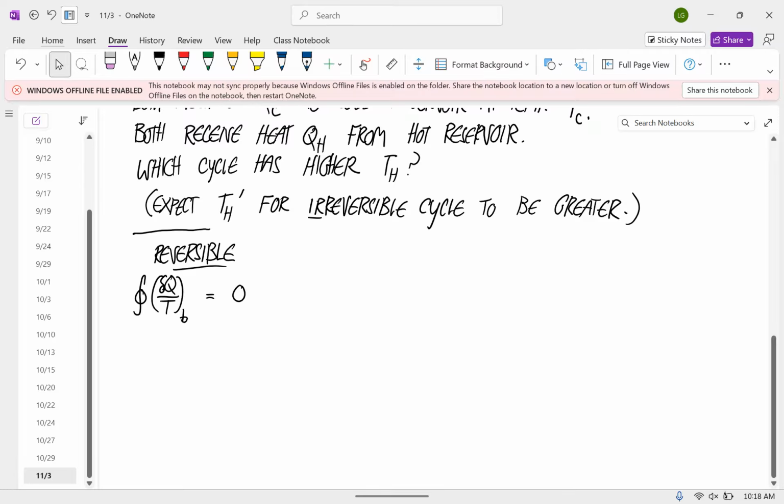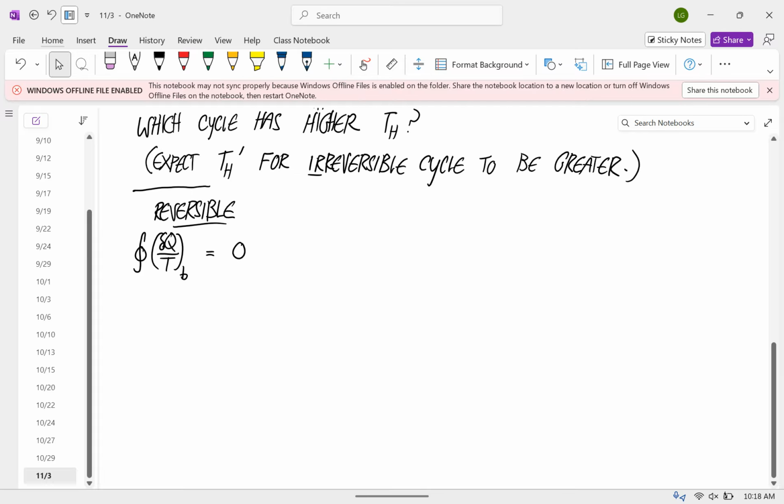And so, what are the heat transfers at these two reservoirs? There's energy coming in at the hot reservoir. What's the energy coming in at the hot reservoir, QC or QH? At the hot reservoir it's QH. That's coming in, that's why this is positive, and the temperature is TH.